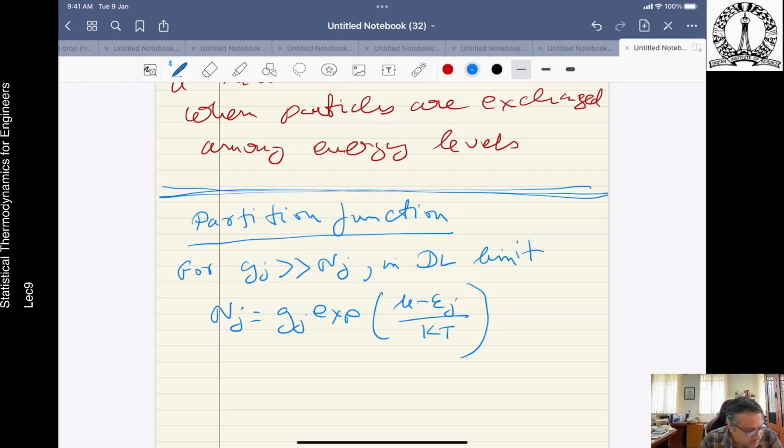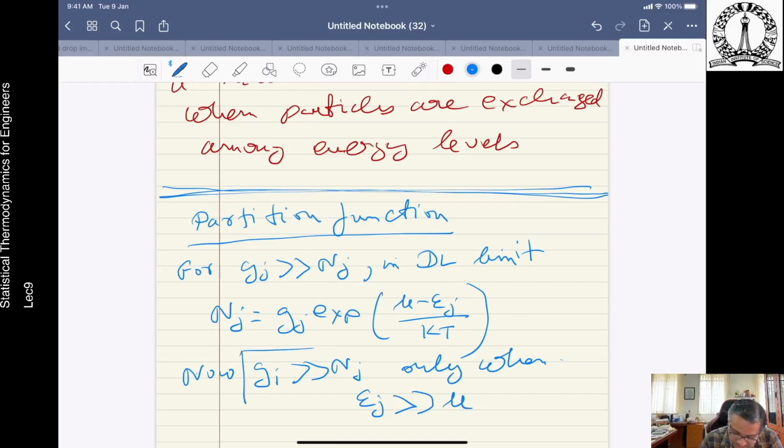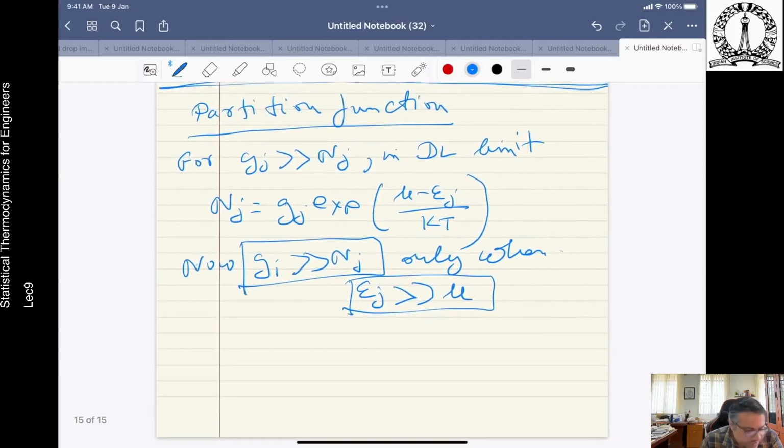Now Gj is much greater than Nj only when Ej is much greater than mu. But recognize that Ej is always positive, right?